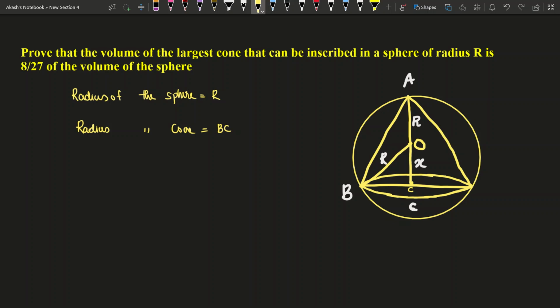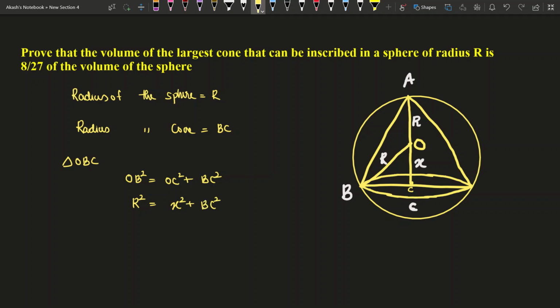Now when you consider the triangle OBC and apply the Pythagoras theorem, we can write OB square equal to OC square plus BC square. That is, r square equals x square plus BC square.